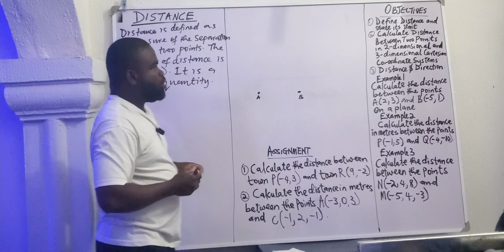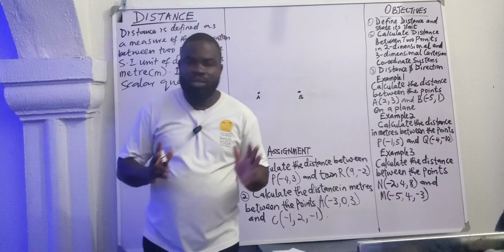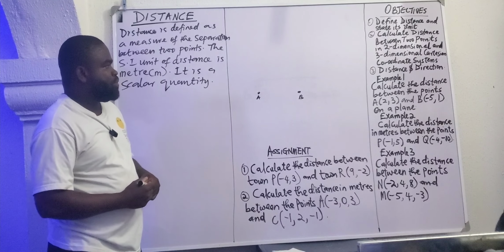Now, how do we obtain the distance between 2 points in 2-dimensional Cartesian system?